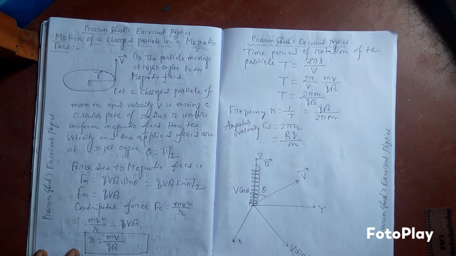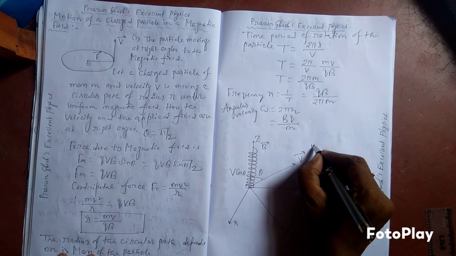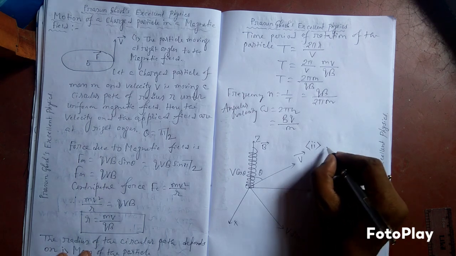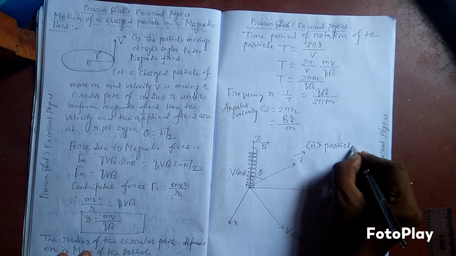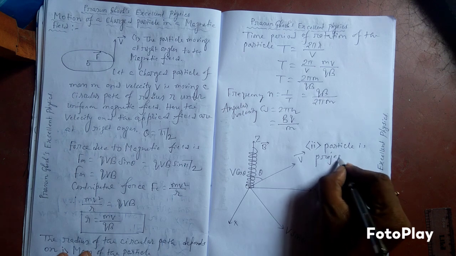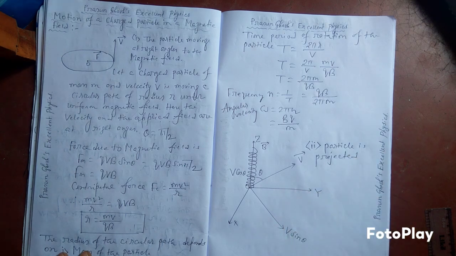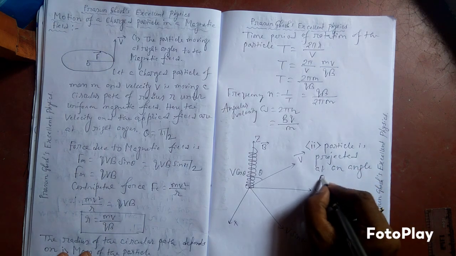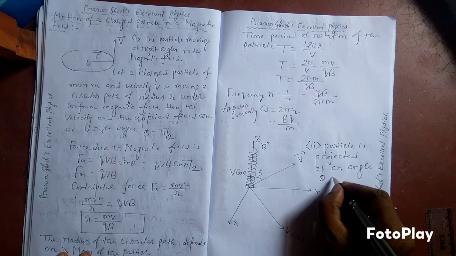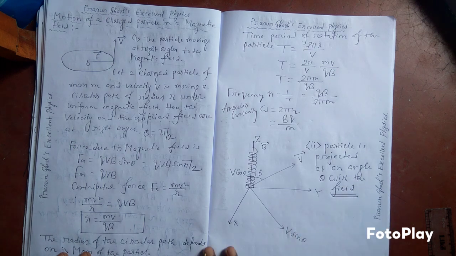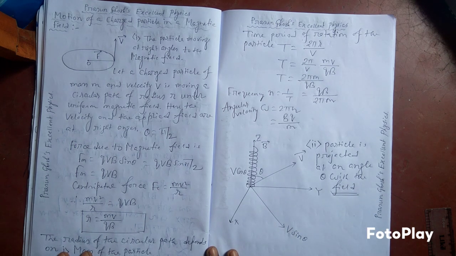Second case, we draw the diagram. Here case number 2, that is the particle is projected at an angle theta with the field. This is the second case.